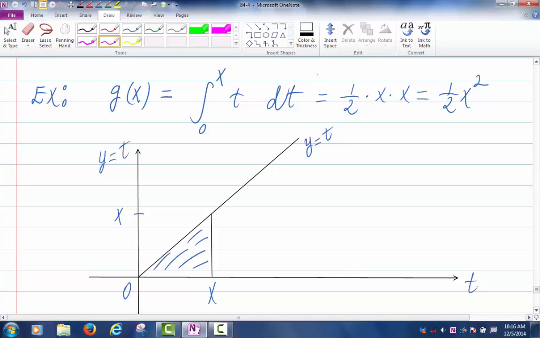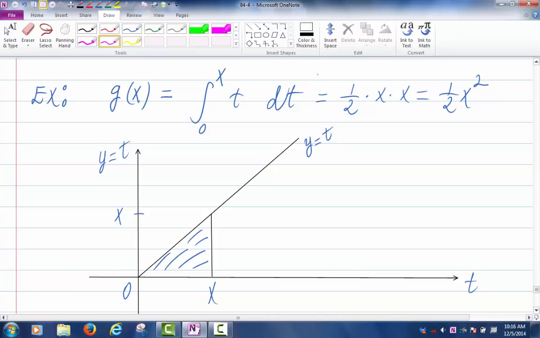Well, it is y equals t. What is the equation of y equals x? If y is equal to x, the graph of the equation is a straight line that makes a 45-degree angle with the positive x-axis. So y equals t is just this line, which is making a 45-degree angle right here. That's the graph of the integrand.